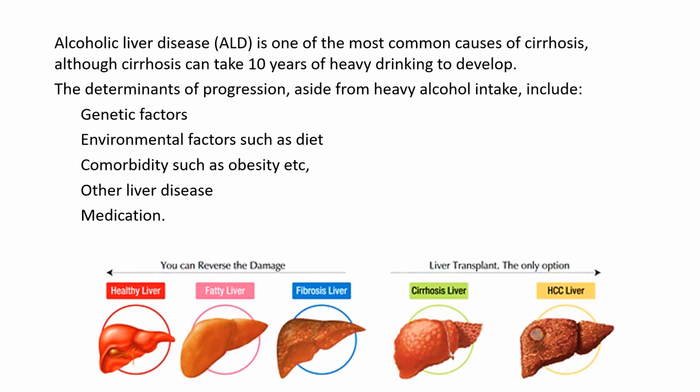This is in some ways dependent upon other factors. So aside from heavy alcohol intake, the determinants of progression are genetic factors, environmental factors such as diet, comorbidities such as obesity, metabolic syndrome, all of those things, other liver disease, including HCV, and medication.